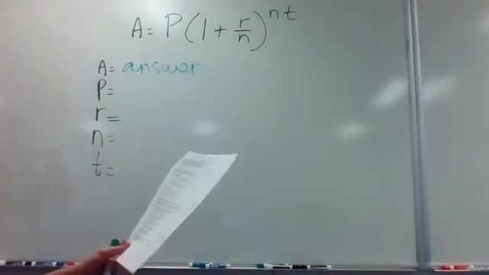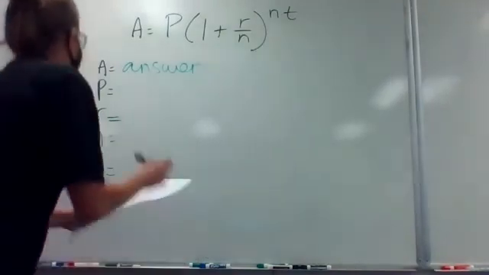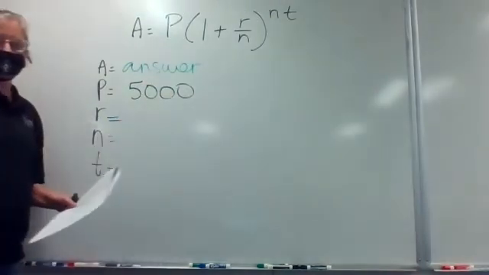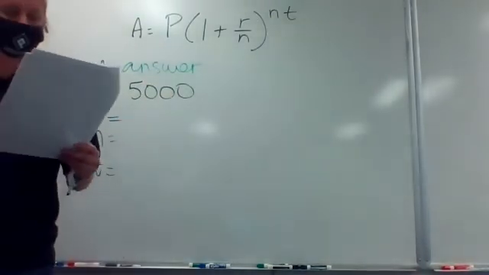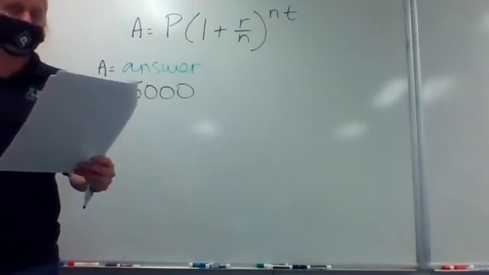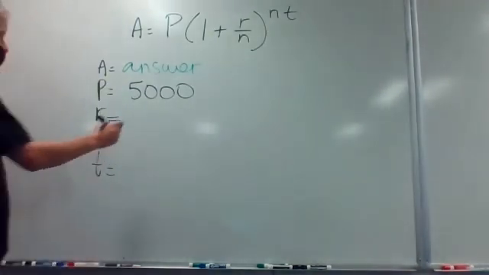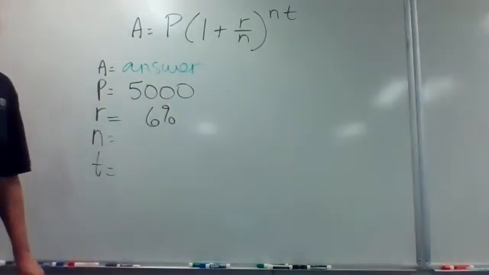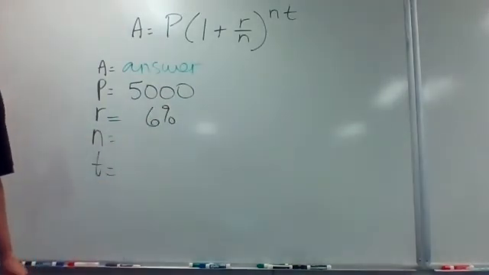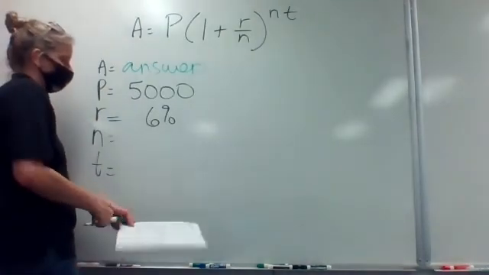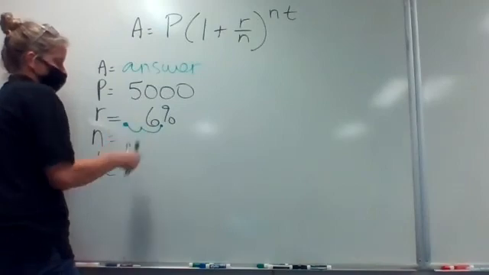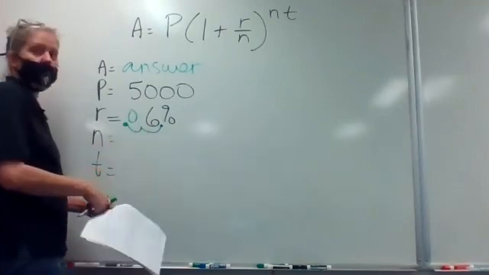All right, on Melissa's 6th birthday, she gets a $5,000 CD. So $5,000 is the original investment. That earns 6% interest. So the interest rate is 6 percent. So if I change that to a decimal, right, so it'll be 0.06.